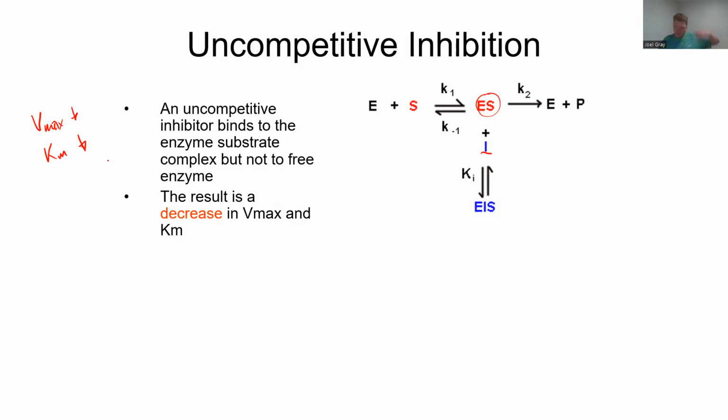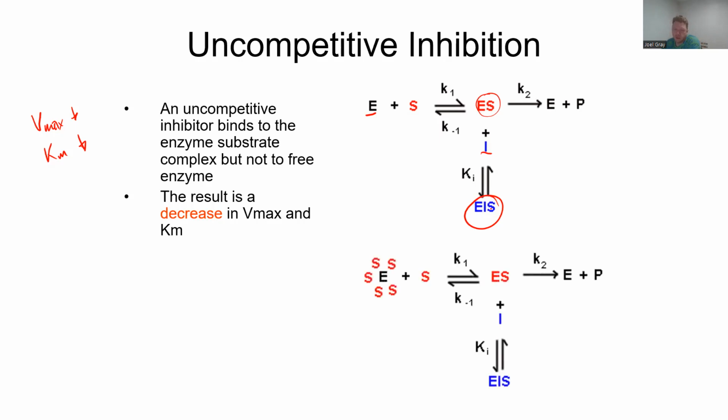The reason for that is that every round where there's free enzyme, some of it is going to make this ES complex and make this ESI complex and basically get stuck in that channel. But nevertheless, your enzyme's affinity for the substrate is going to go up because the Km is going down. But ultimately, the rate of the reaction is going down.